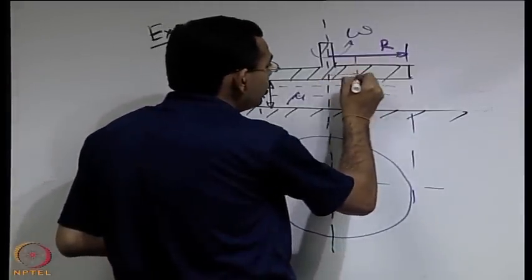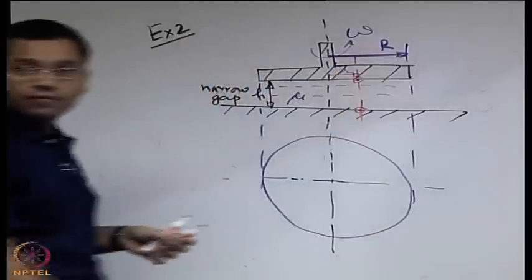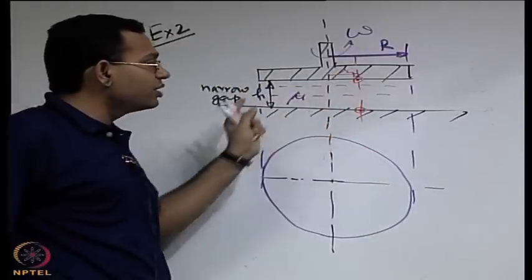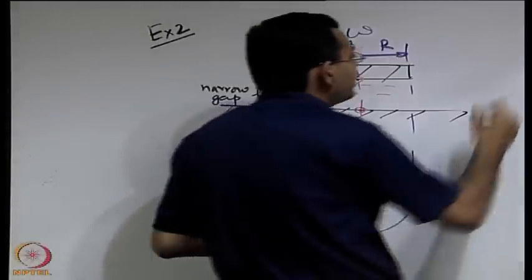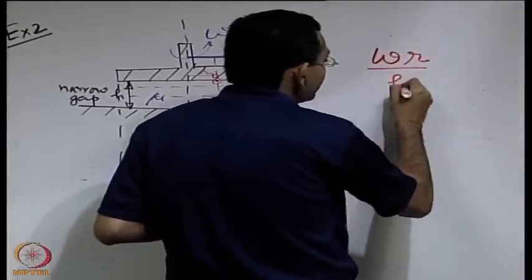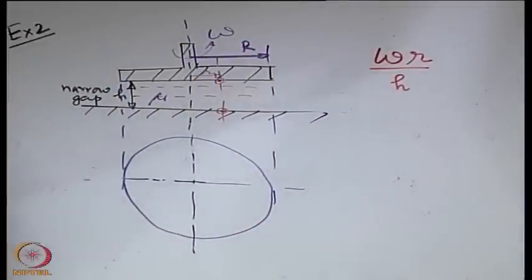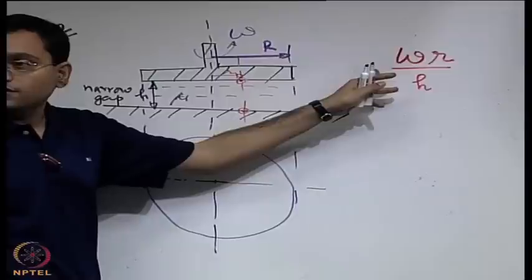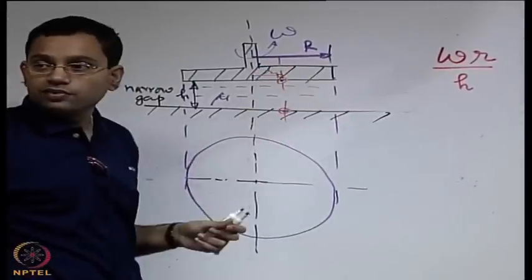So let us say small r is the local r, so omega r will be the velocity, therefore the velocity gradient at section r will be omega r by h, and this is because of the linear velocity profile assumption from the bottom to the top.